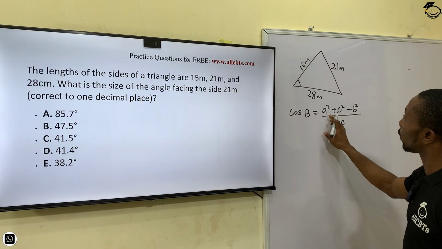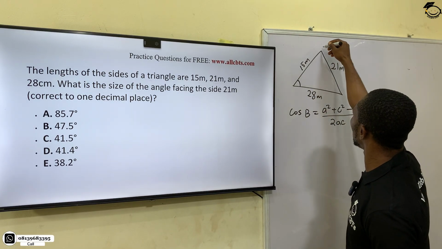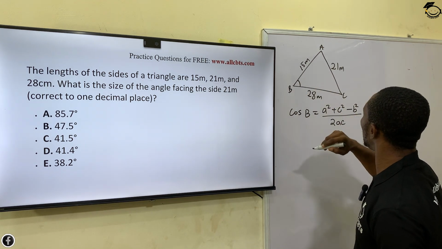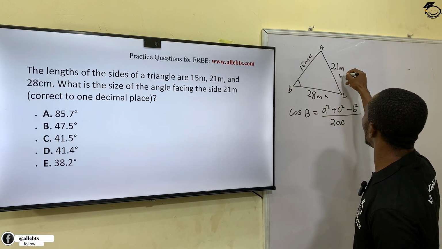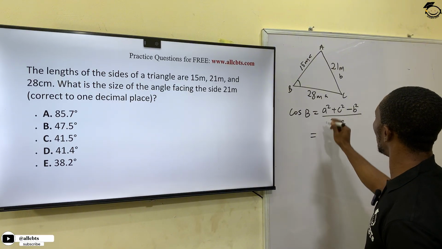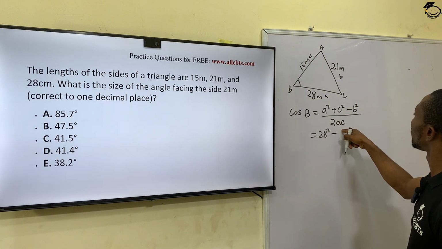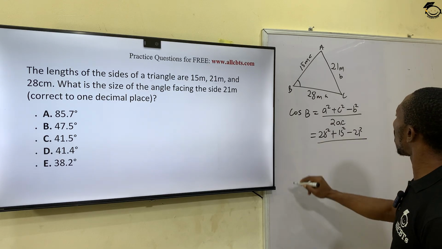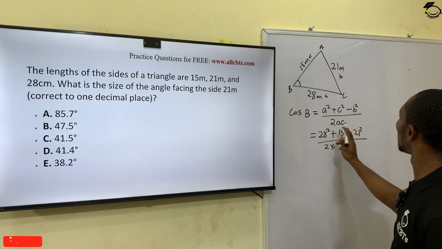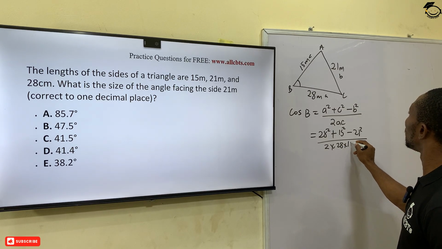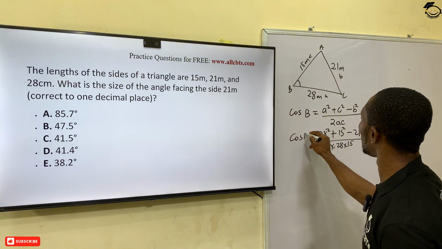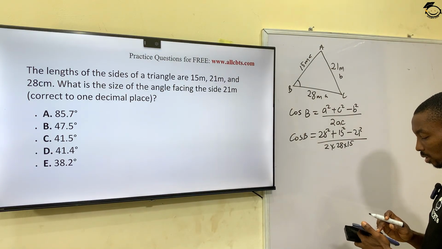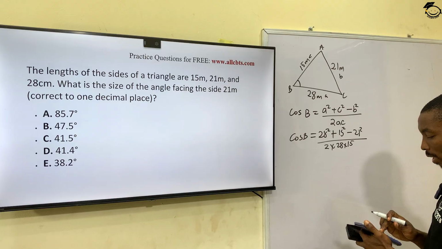Now, let's call these B, A, and C. So we have cos B equals 28 squared plus 15 squared minus 21 squared, all over 2 times 28 times 15.